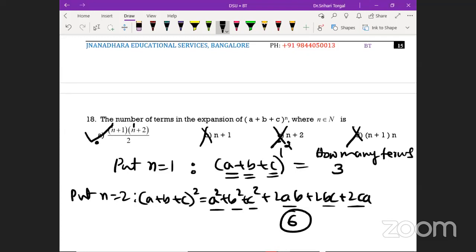And I'll tell you the general formula. See, remember here. n plus 2 C2.